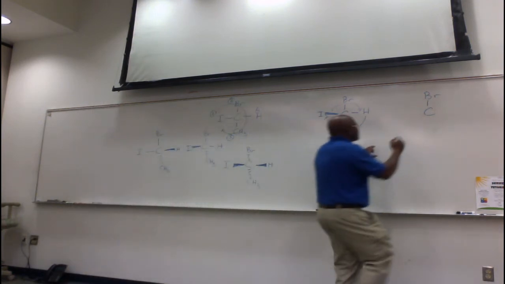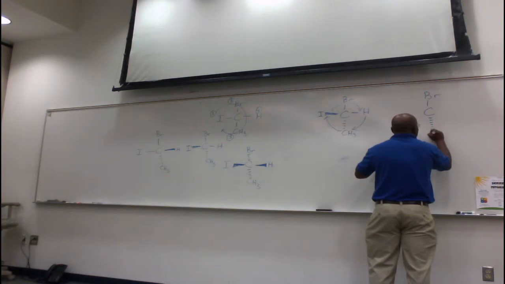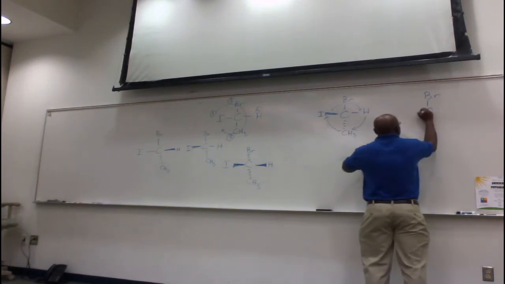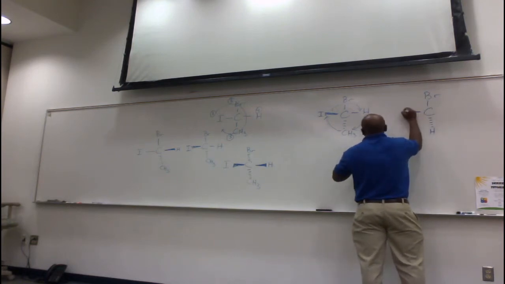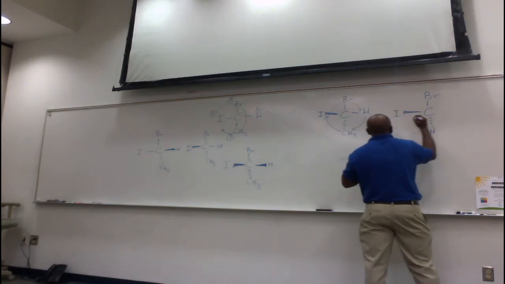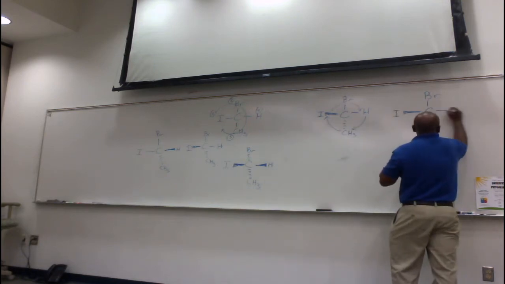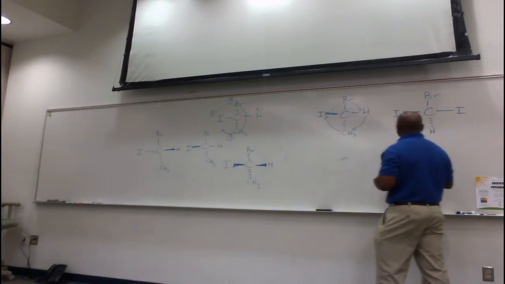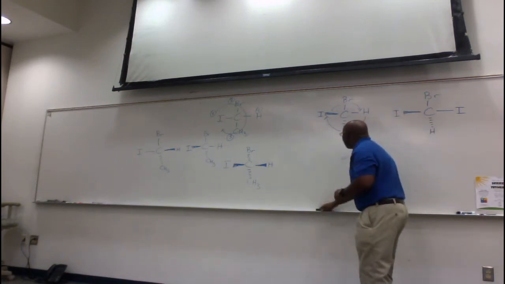So we're going to have a dotted line, H, a solid wedge will be I, and the undefined line would be the CH3.